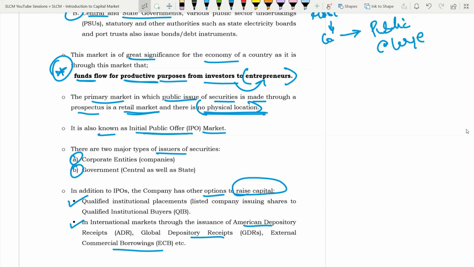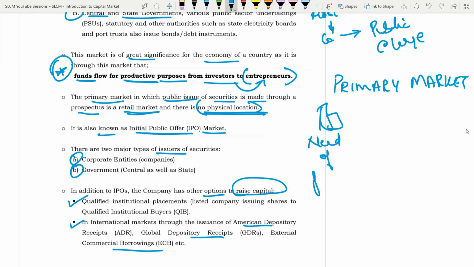We will not go into those details in today's session, but here we should understand the main purpose of the primary market. The company is in need of funds, and there are investors who have funds.